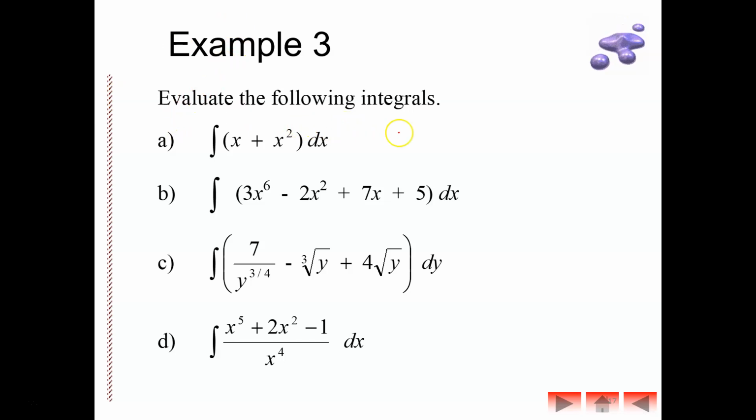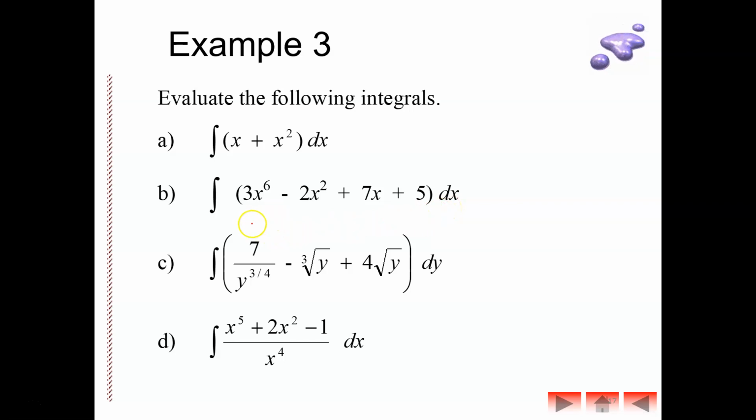Okay, evaluate the following integrals. A, integrate x plus x squared dx. So remember, you have two functions over here, x and x squared. And how about this? B, integrate 3x squared minus 2x squared plus 7x plus 5 dx.